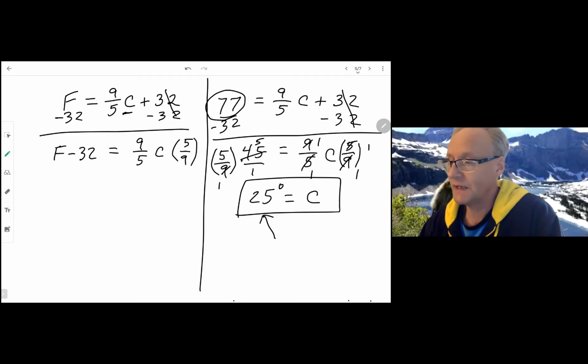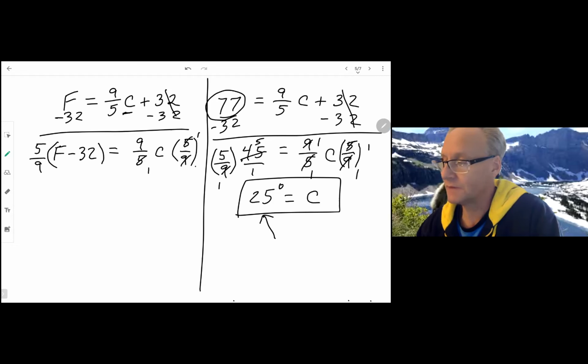A very common mistake is to forget that I'm going to multiply the entire side by 5/9. And the 5 simplifies with the 5, and the 9 simplifies with the 9, and I have C all alone. And I have C is equal to 5/9 times F minus 32.